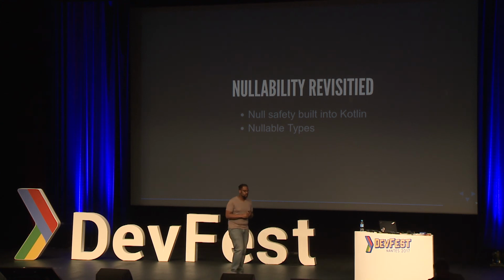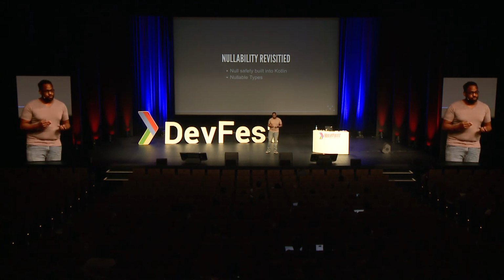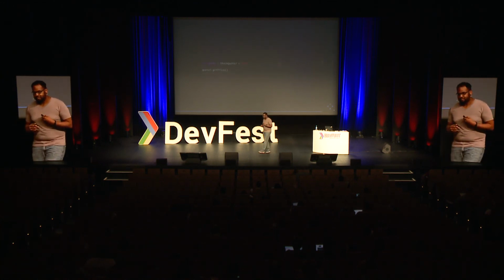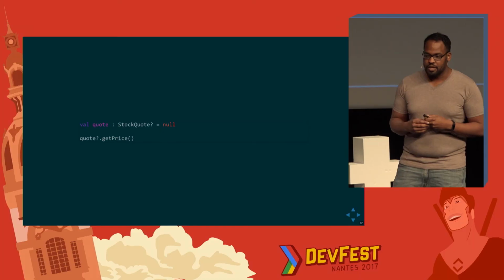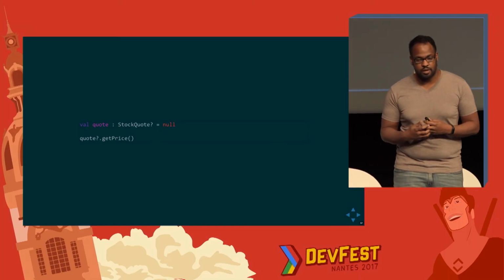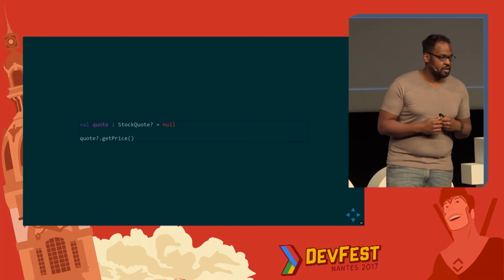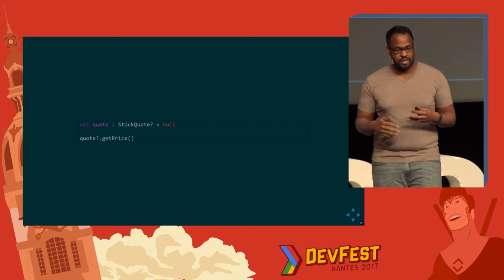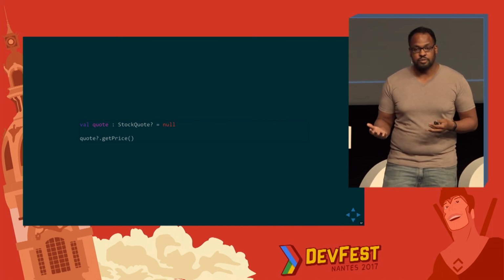So let's talk about nullability again. As I mentioned before, null safety is built into Kotlin, and you do have nullable types. Here's a quick recap from before. The question mark after the type means that we can assign it to null or to that thing.